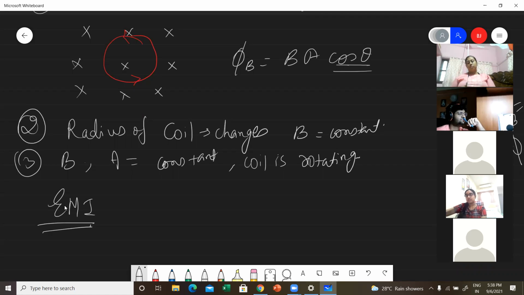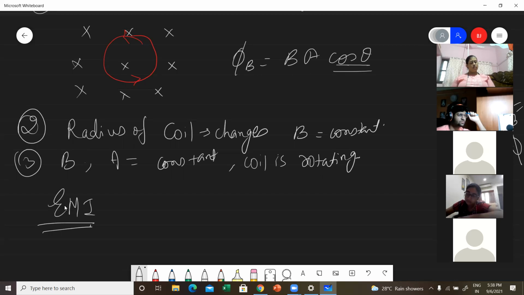And EMF? Electromagnetic force. So what does it mean? EMI is the induced current, produced by the changing of current, and EMF is produced by the changing of force.